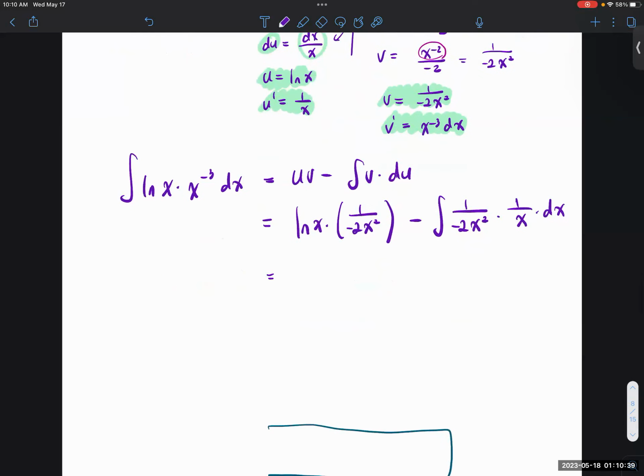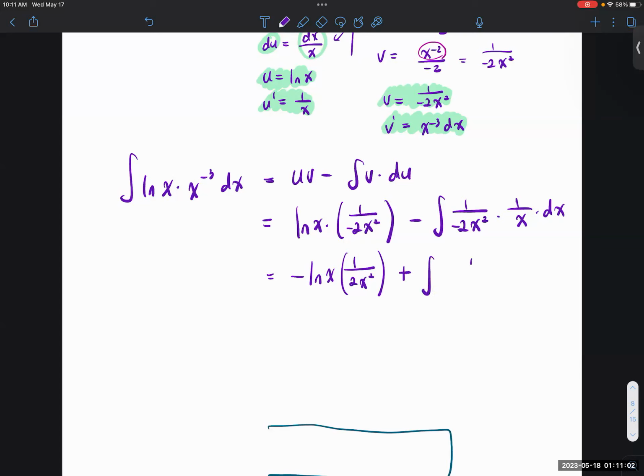Now simplify. So I can bring the negative to the front: negative ln x, 1 over 2x squared. And then I can multiply, right? Negative 2. We have a double negative. You can change to positive.